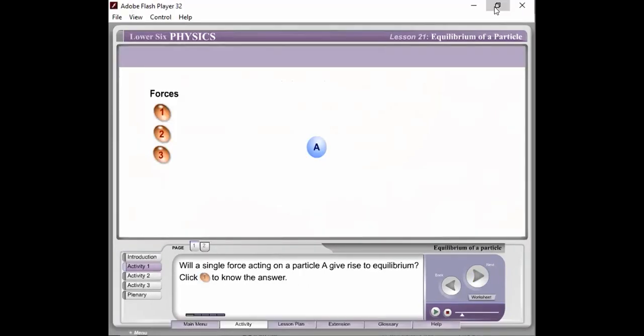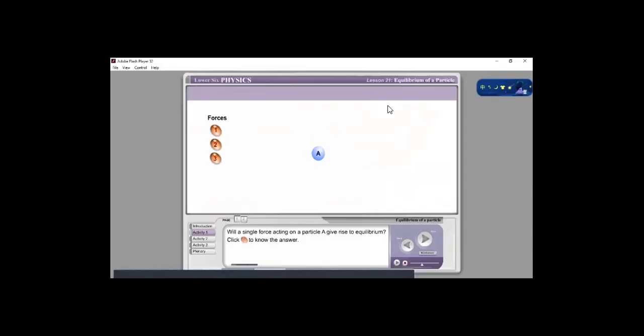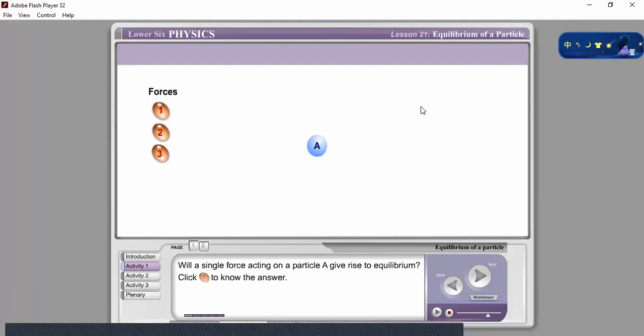Will a single force acting on a particle A give rise to equilibrium? Click 1 to know the answer.